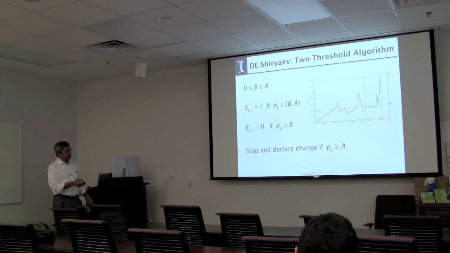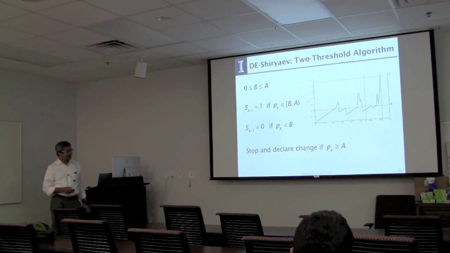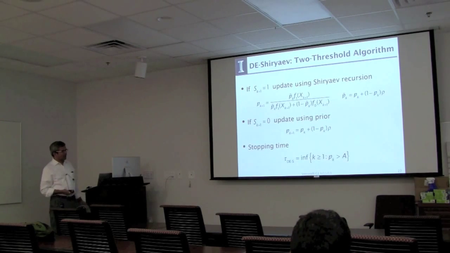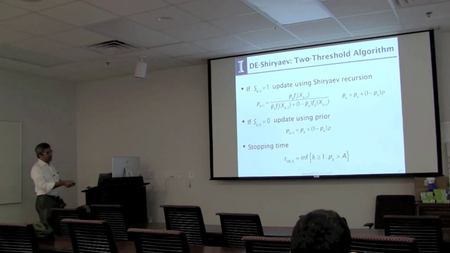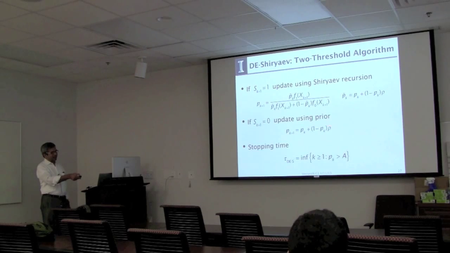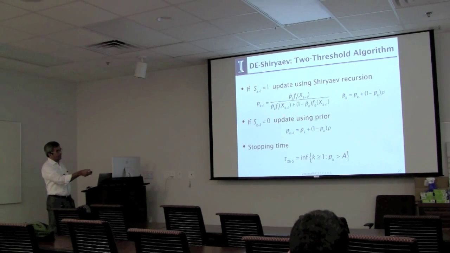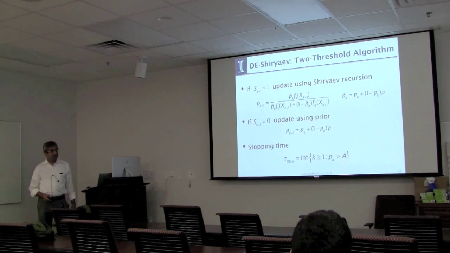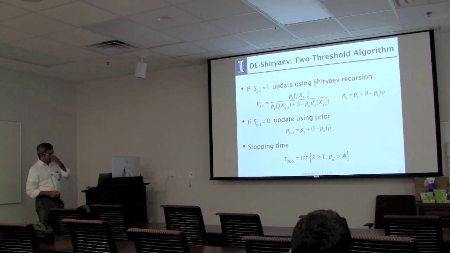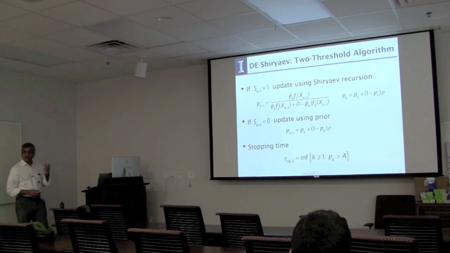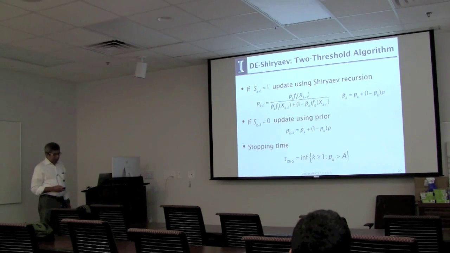And when you use the prior, it turns out that you have a linear increase in P. That's not hard to see if you write down the equations. If you update using the prior, you increase the posterior probability in this linear manner. And if you use an observation, you have the same old equation we had before that uses the likelihood ratio. So that's the test.